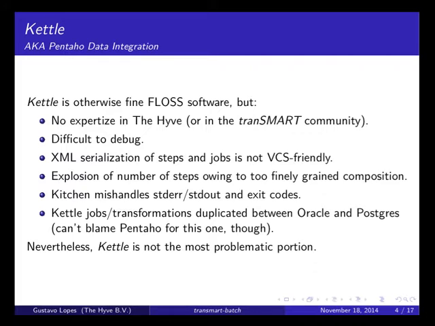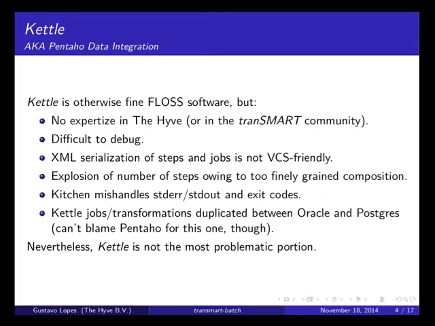Then, because you build all the steps using the Kettle primitives, you can write your own, of course, but then there are other problems. You have to manage the deployment of these plugins that you write, and so on and so on. You can write steps with JavaScript, but I don't see that used a lot, so you end up with a lot of steps doing trivial things, and it's difficult to figure out what's going on at a high level.